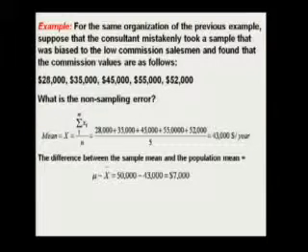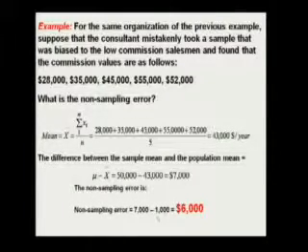Since we already know that the sampling error should not exceed 1,000, if we put 1,000 as the sampling error and take it out of the total error, that will give us 6,000, or $6,000, of what we call non-sampling error.